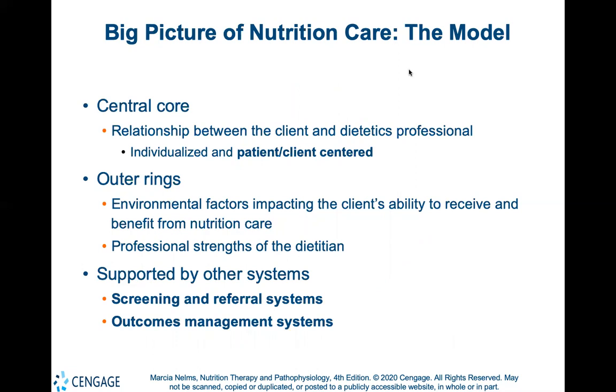Central to providing nutrition care is the relationship between the client and the dietetic practitioner or team of dietetic practitioners. The client's previous experiences and readiness for change, as well as the ability of the registered dietitian nutritionist to establish trust, demonstrate empathy, and communicate effectively with the client, influence this relationship.